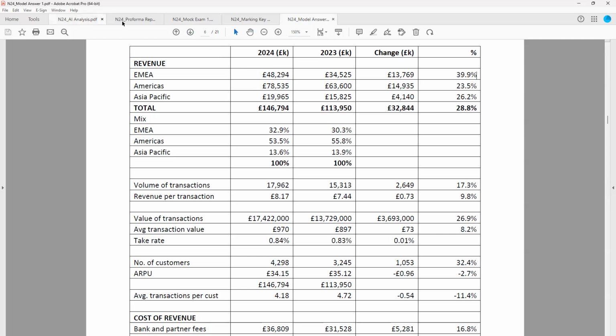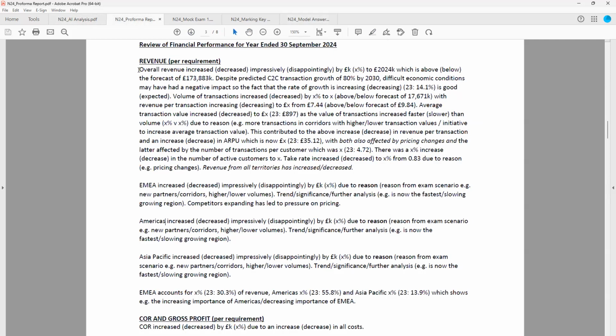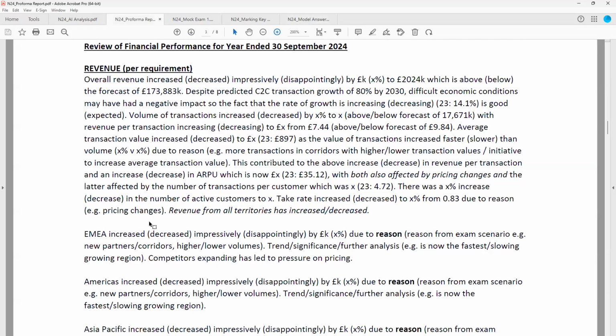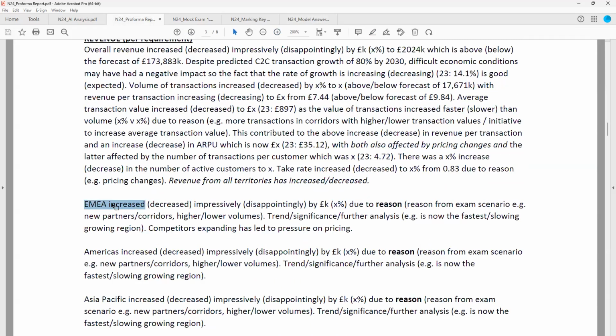So therefore, you may decide that you want to plan this out. We've already thought what our revenue section would look like. We'll have overall, then the 3 regions, and then something on mix. You may decide you want to use this pro forma report, and just note on here your reason, for EMEA UAE, something like that.